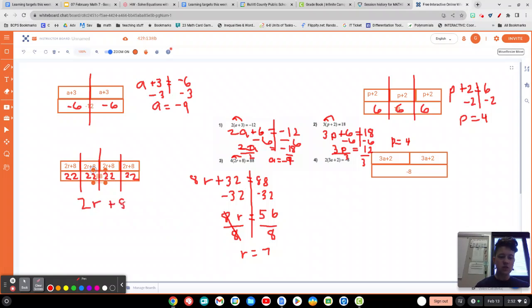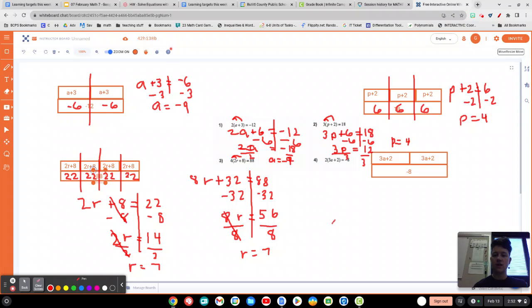So I still have a two-step equation, but it's a little bit easier numbers to work with, right? So then I can subtract 8. And that gets me 2r equals 14. Oh, look, a one-step equation. R is equal to 7, either way.